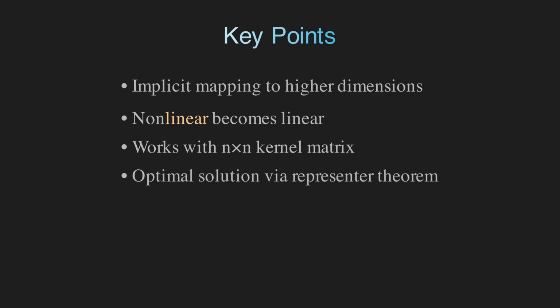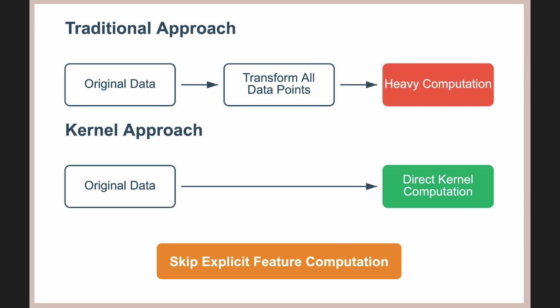The representer theorem guarantees that the optimal solution is always expressible as a sum of kernel functions. This framework not only simplifies our computations, but also provides a powerful unified approach to handling both linear and non-linear models.